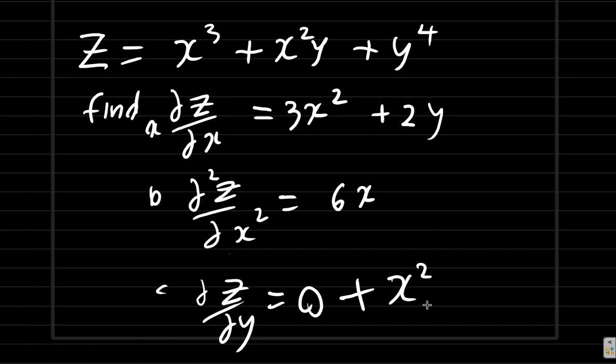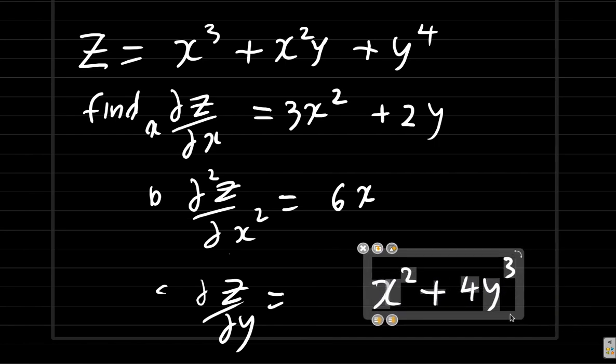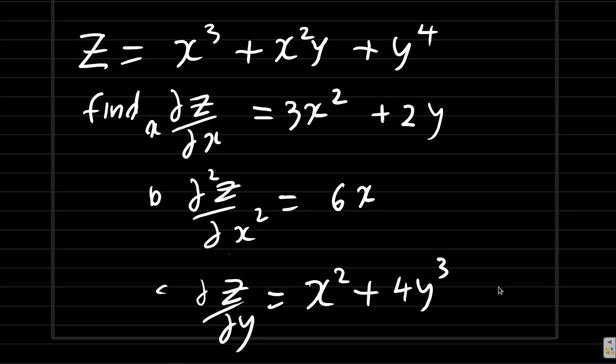So it's x squared, using the same argument we did earlier for x. Then differentiating y to the fourth with respect to y, it's going to be plus 4y to the 3, because you bring down the 4, and then you say 4 minus 1, which gives you 3. Now 0 plus this, you don't have to show the 0. So what you have here is x squared plus 4y cubed.